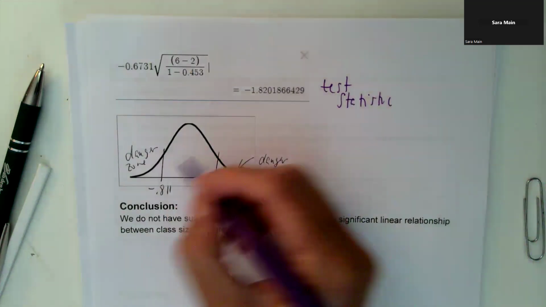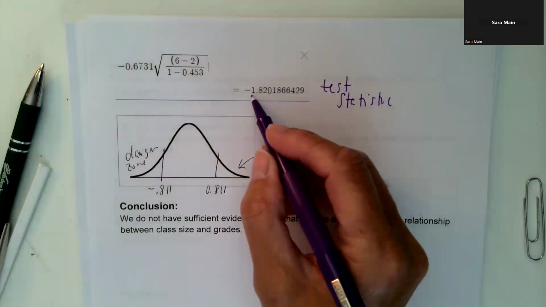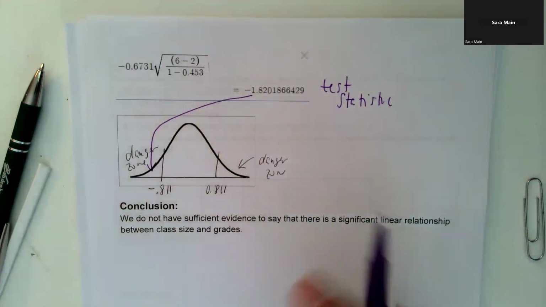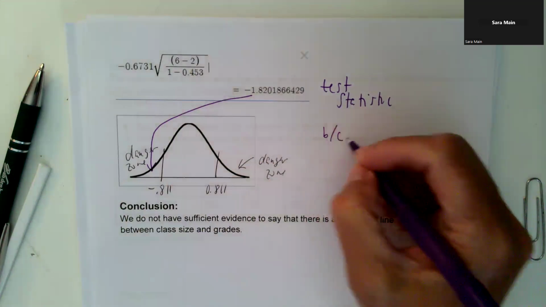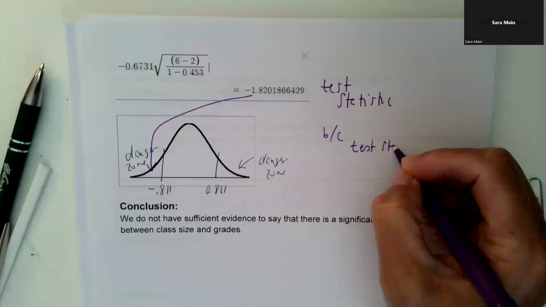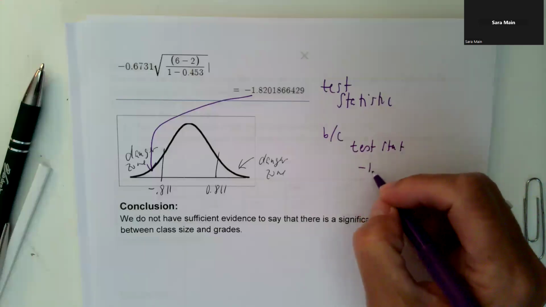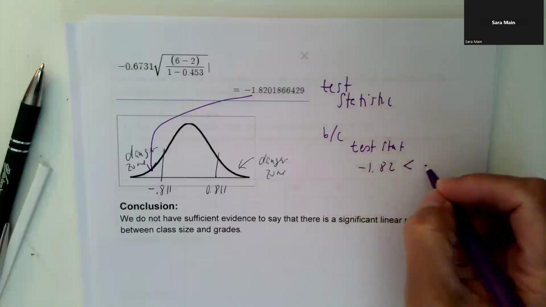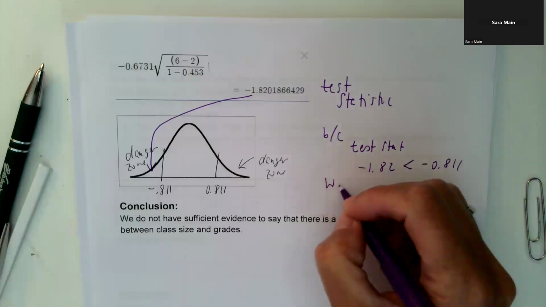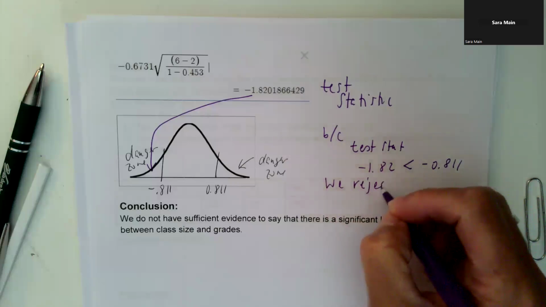So we are at a negative. So our test statistic falls here. We're past that. So because the test statistic of negative 1.82 is less than the negative 0.811, we reject H0.